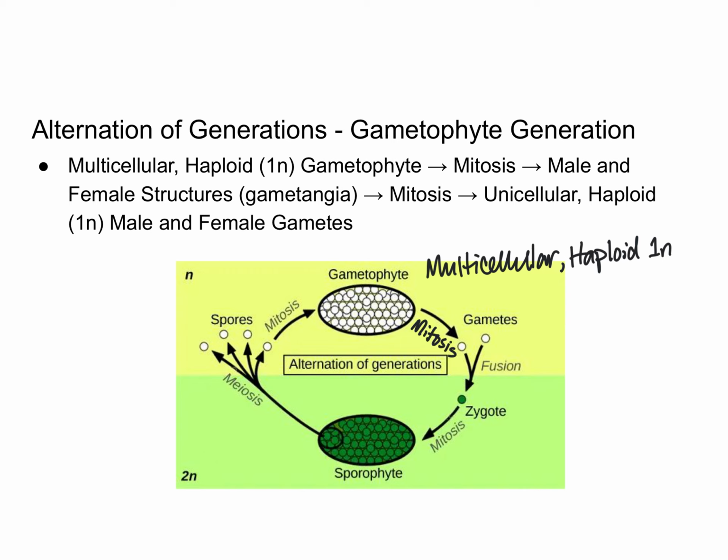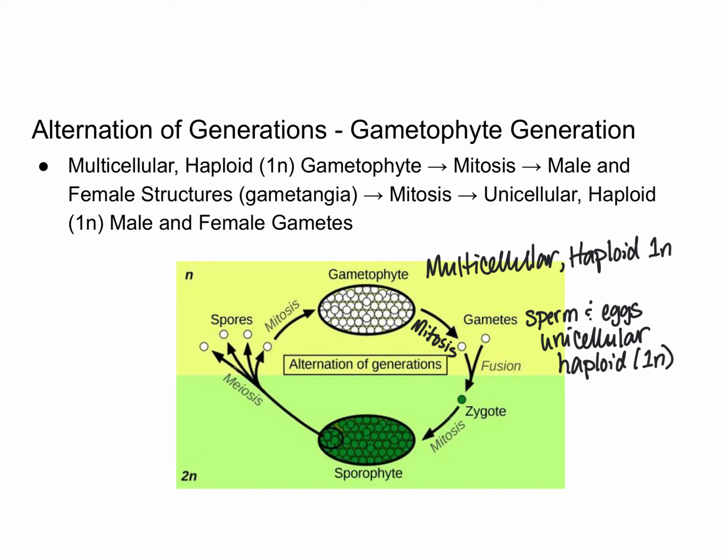So specialized cells in the gametophyte are going to go through mitosis in order to form gametes. And gametes, remember, we're talking about things like sperm and egg. And these are unicellular, so they're single-celled, and they are haploid.